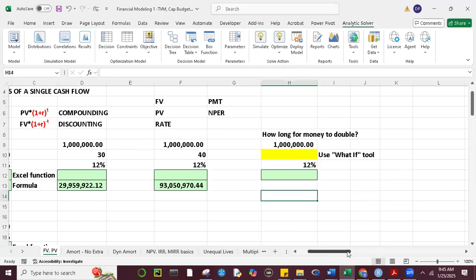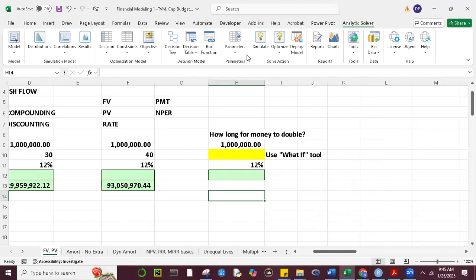Here, let's make use of one of the tools in Excel, which is What-If Analysis.